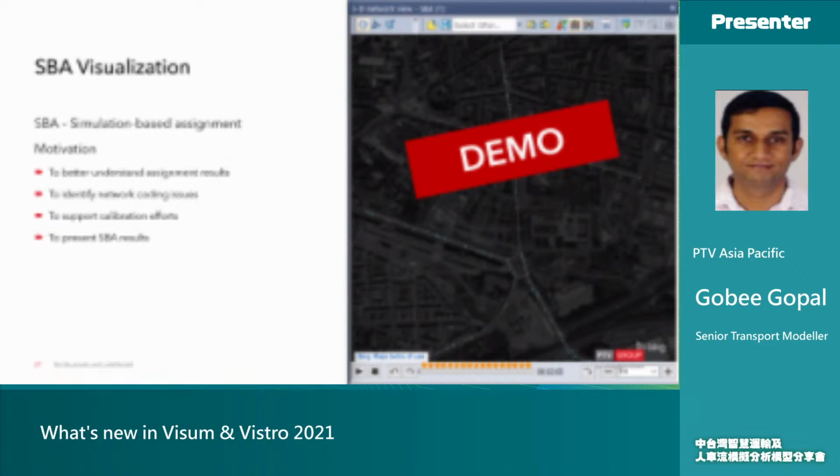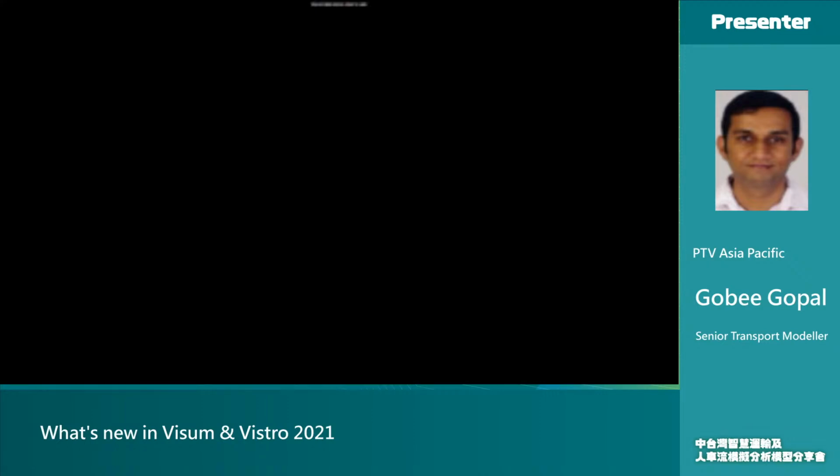But now what PTV has done is take it to the next level, where each trip in the assignment can be visualized as a dot simulation. So what is the motivation for PTV to make SBA visualization? To better understand assignment results, to identify network coding issues, to support calibration effort, and to present SBA results.